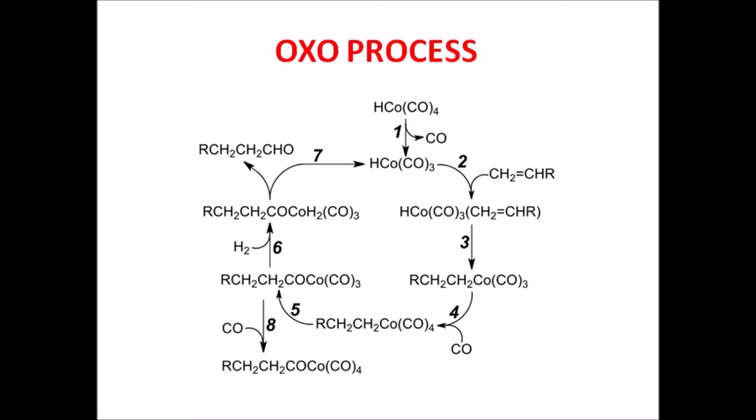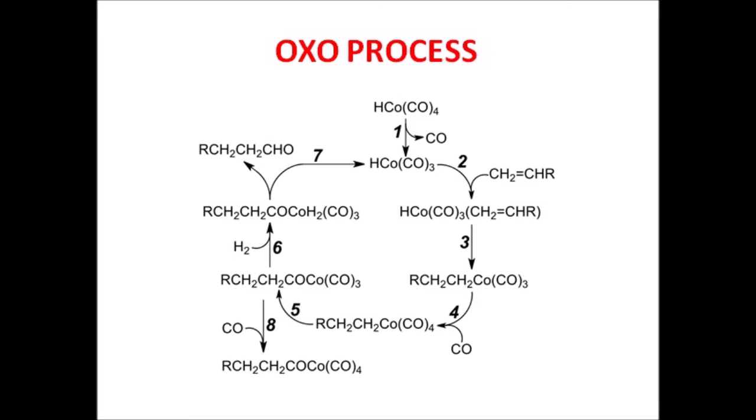It is said to be a catalyst, but it cannot be used directly as a catalyst. Therefore, it must be converted into an active catalyst by the addition of hydrogen. So we get HCo(CO)4 from Co2(CO)8 with hydrogen.